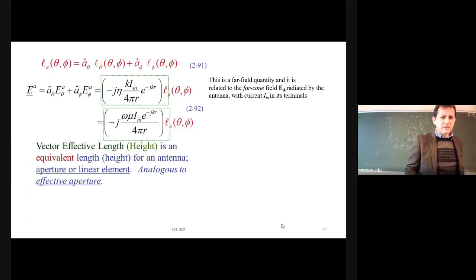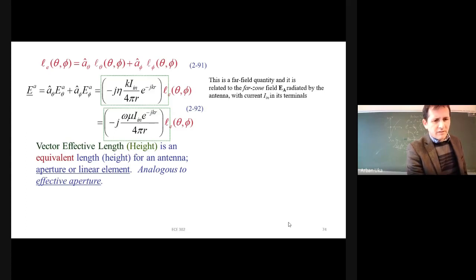Maybe you are not very familiar with equation 2.92 and how the electric field looks when we are far away from the antenna, when the electric field is expressed only as a function of a theta and a phi. But this is how an electric field looks like, and you also have this far field quantity of the E.